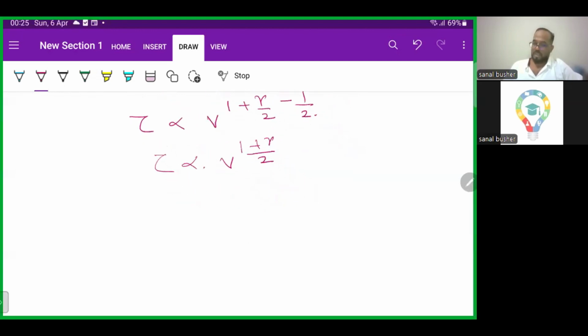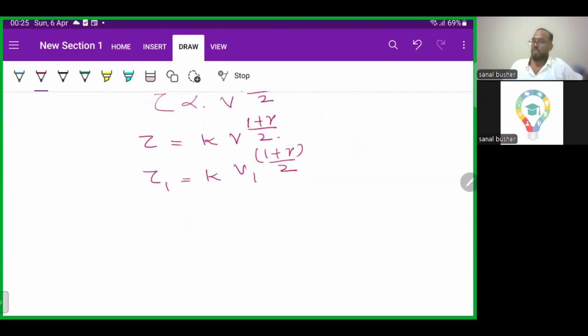Then tau is equal to a constant into V to the power 1 plus gamma by 2. You can write the two situations now. Tau 1 equals k into V1 to the power 1 plus gamma by 2, and tau 2 equals k into V2 to the power 1 plus gamma by 2.